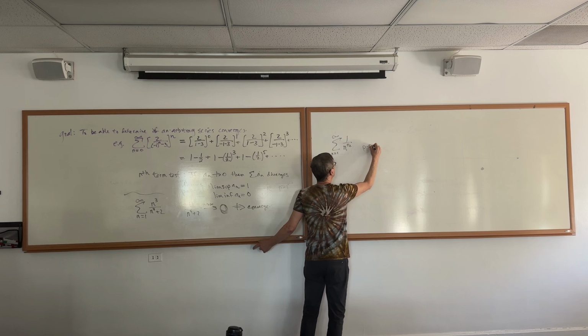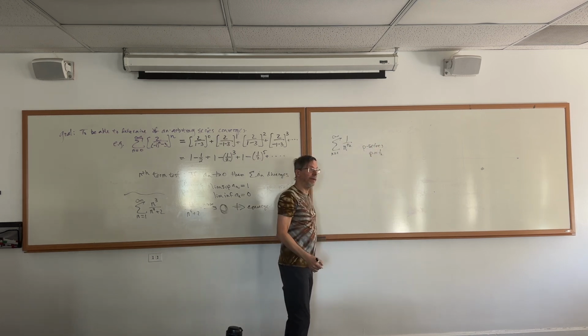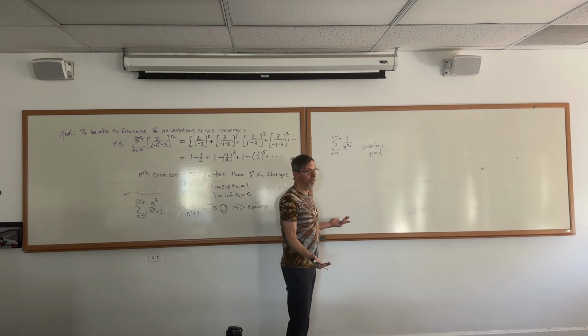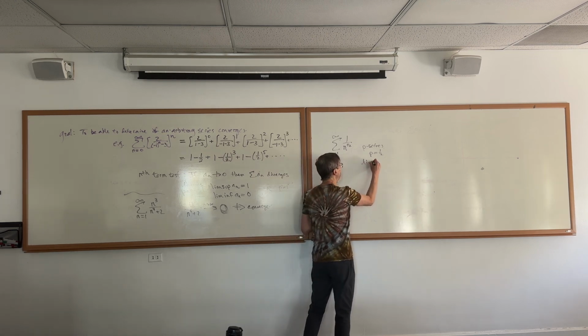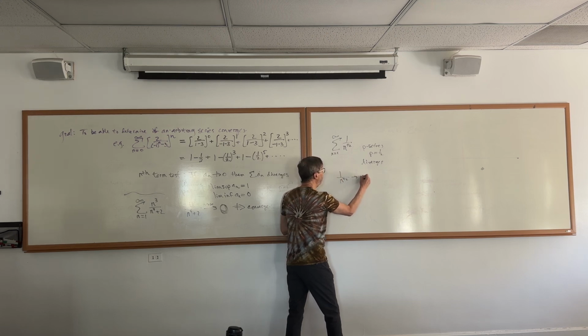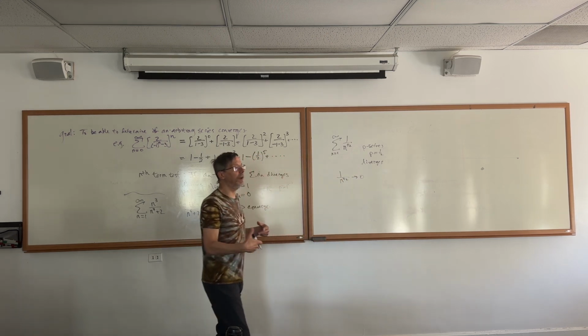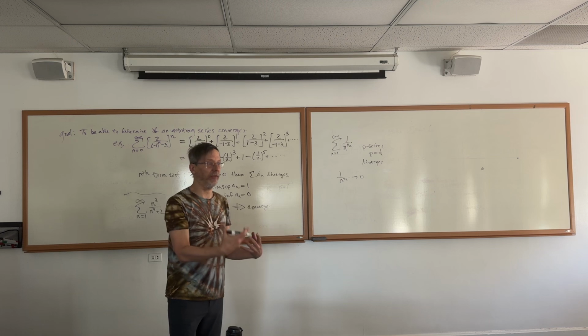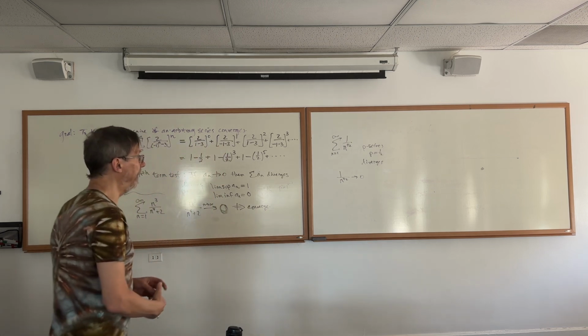That's a p series. P equals 1/2, so it diverges. But the terms definitely shrink to 0. They just don't shrink fast enough. They don't die out fast enough for that to happen.